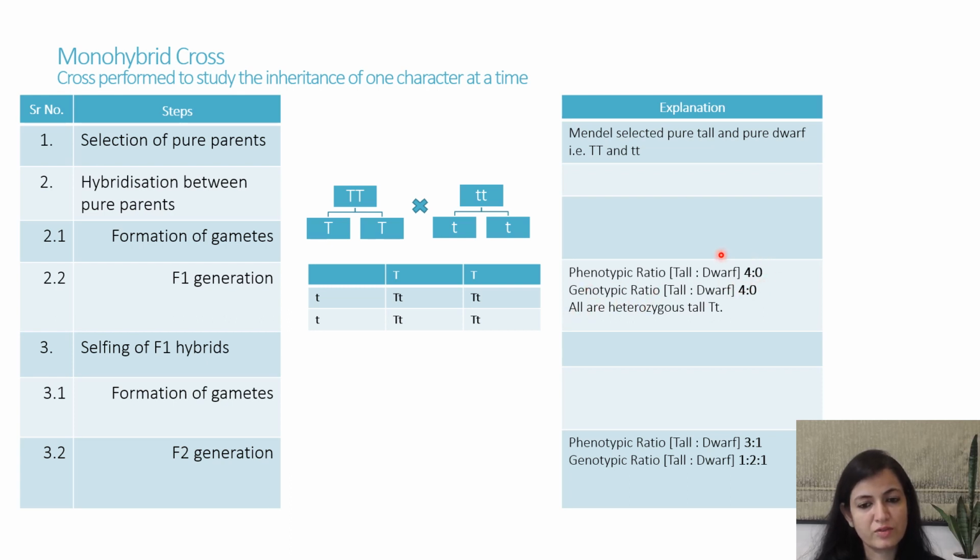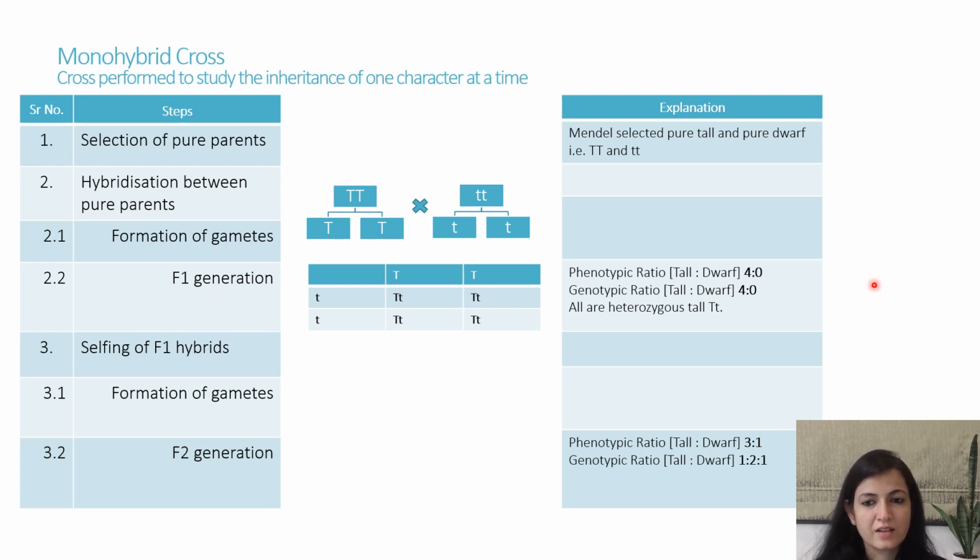What do I mean by 4:0? 4:0 means that out of these four offsprings, all four will be tall, and there will not be any dwarf plant obtained. Genotypic ratio will also be 4:0, as all the offsprings have the same genotype, that is, they are heterozygous tall. So this is about the phenotypic and genotypic ratios of the F1 generation.